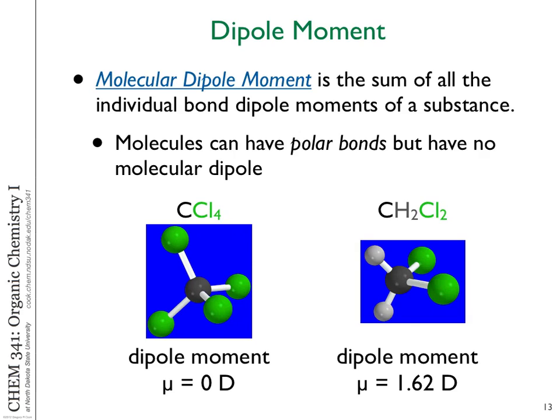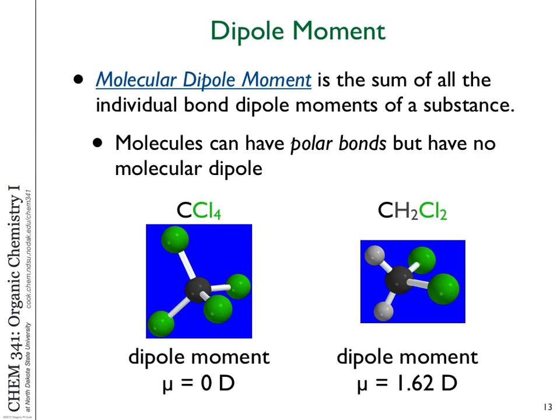Okay, so it's important to recognize this leads to the overall polarity of molecules. We have molecules which are nonpolar, and we have molecules which have some polarity, where one end of the molecule might be more negatively charged than the other. Okay, so as a whole unit, the whole molecule, we can have a molecular dipole. A dipole moment, by the way, is represented by the Greek symbol mu, and its units are debye, if you recall that from general chemistry.